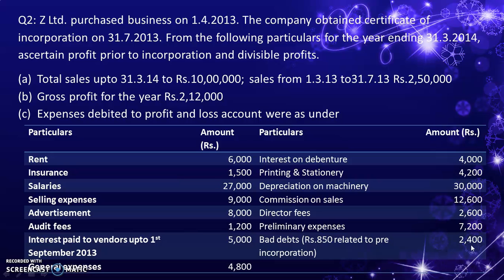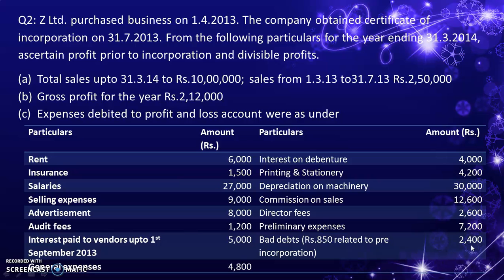time ratio, and interest paid to vendors up to 1st September 2013. If it is the interest paid to vendors in the pre-incorporation period itself, then it should go only for the pre-incorporation period. But it is the interest paid up to September 2013. The date of incorporation is 31/7/2013.